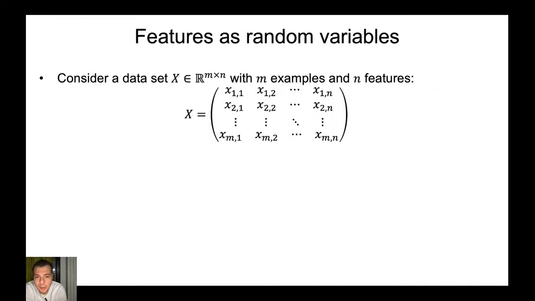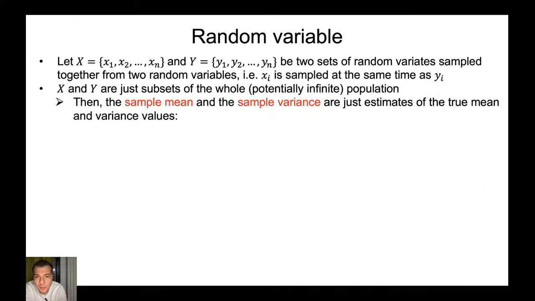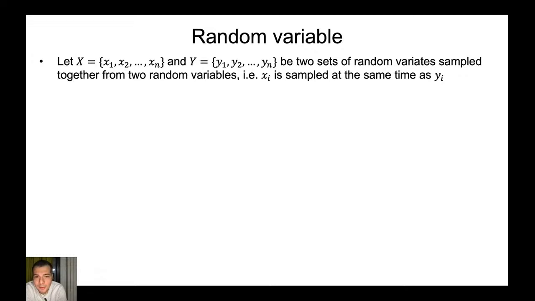In the next slide, we will discuss data samples and the fact that each feature corresponds to a random variable. So the features are random variables, and the data samples are events.